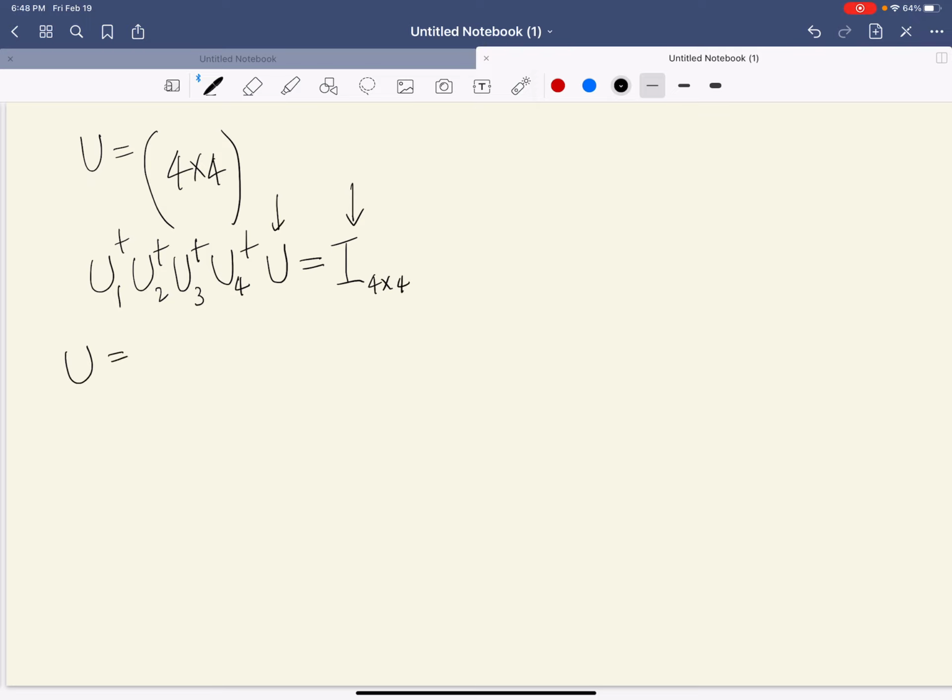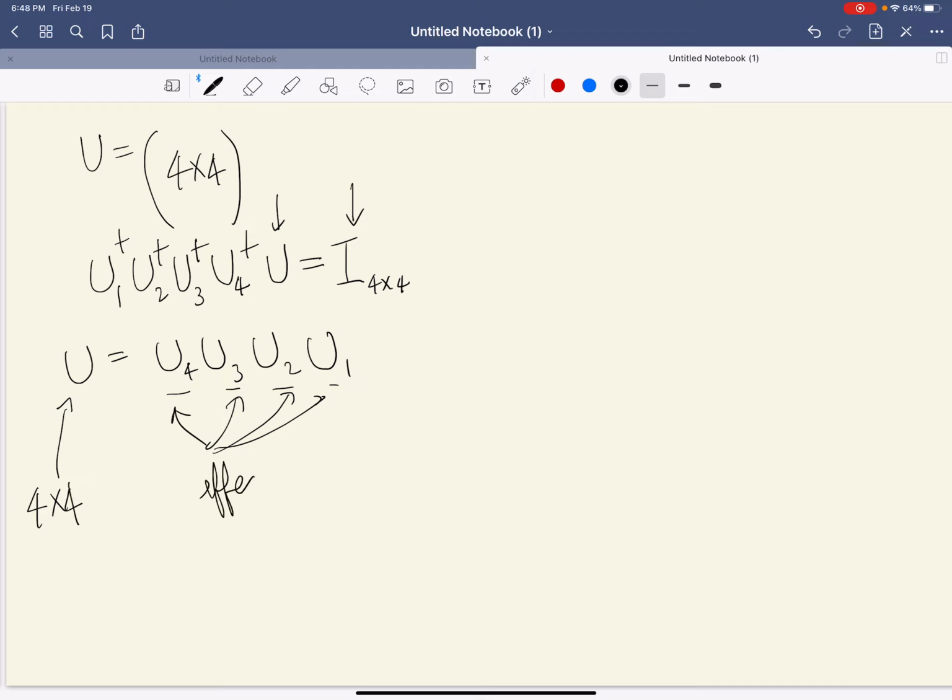And therefore, U becomes U4, U3, U2, U1. Now, the point is that this is some arbitrary 4 by 4, but each one of these is effectively a 3 by 3 matrix.